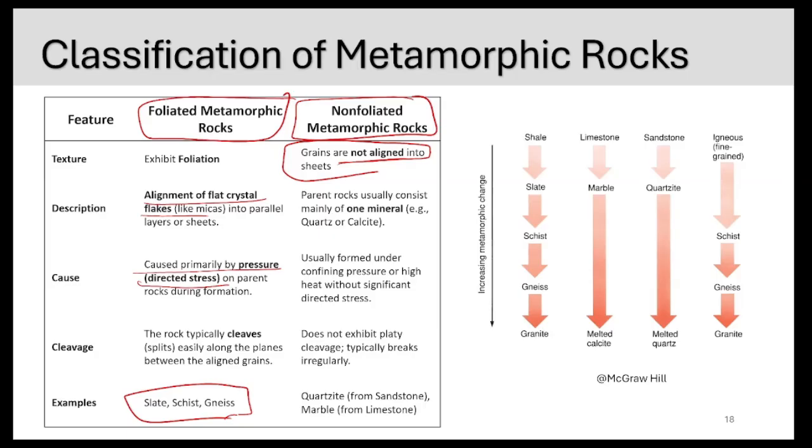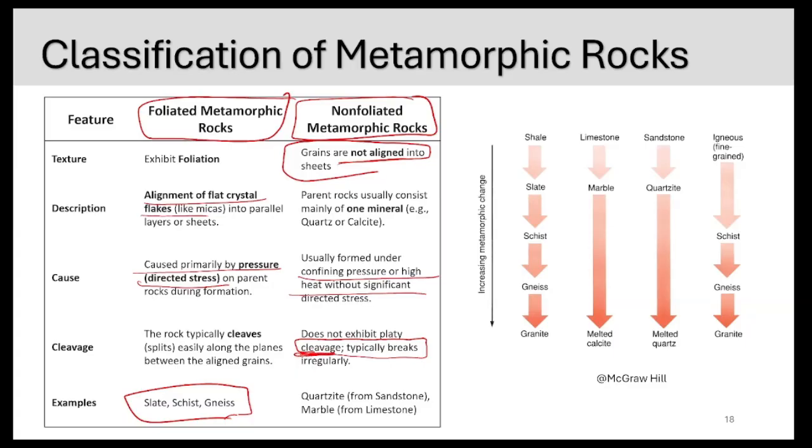Or it could be simply very high or very intense temperature, high pressure or high temperature without significant directed stress. And like we said, since there is no single direction of orientation, rather they are granular.